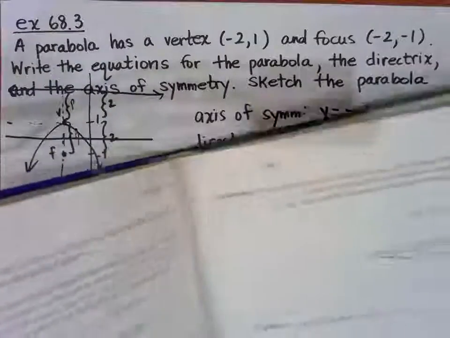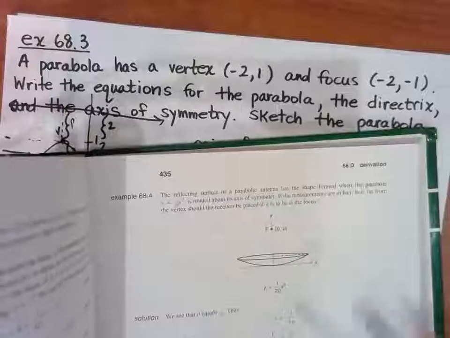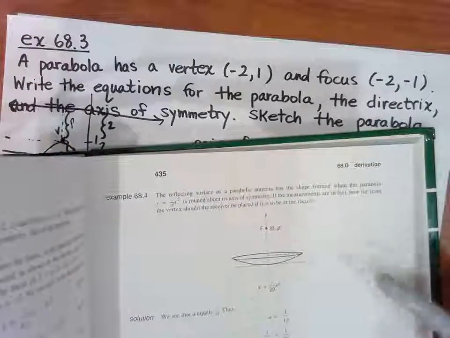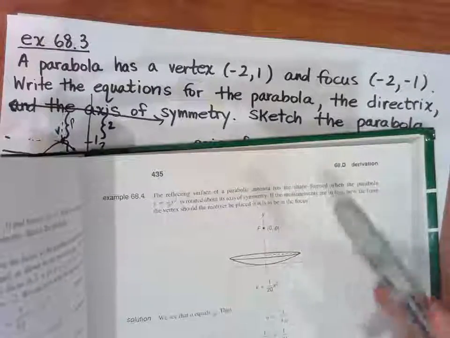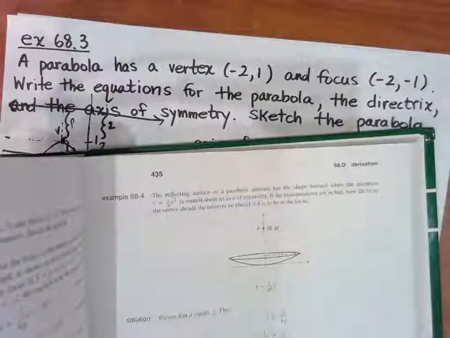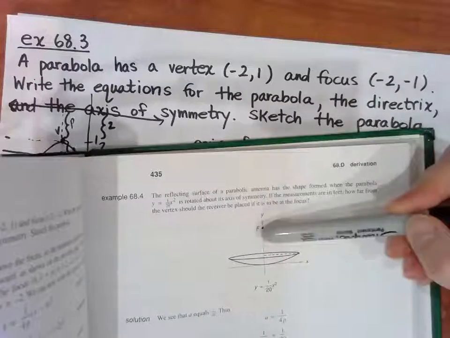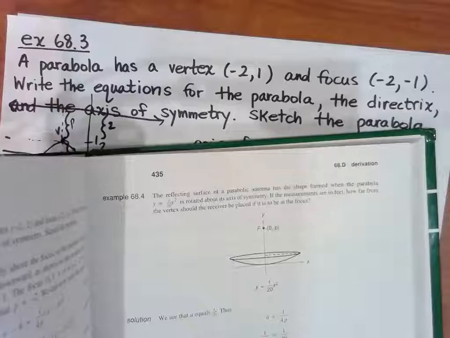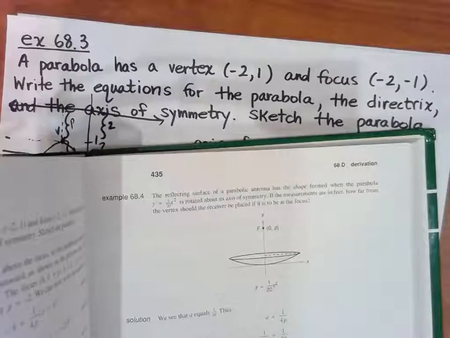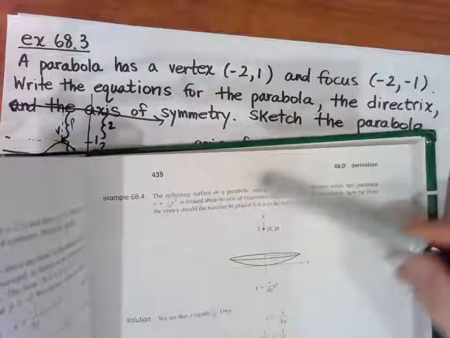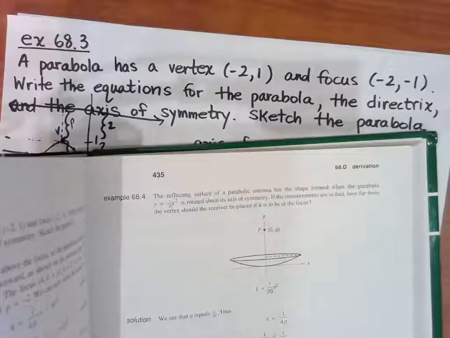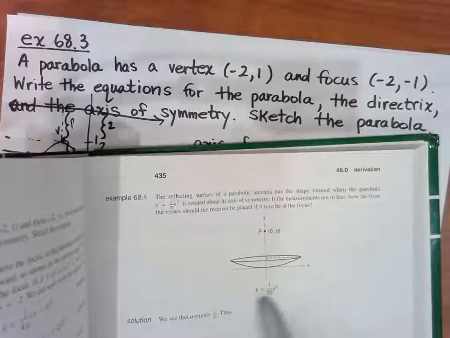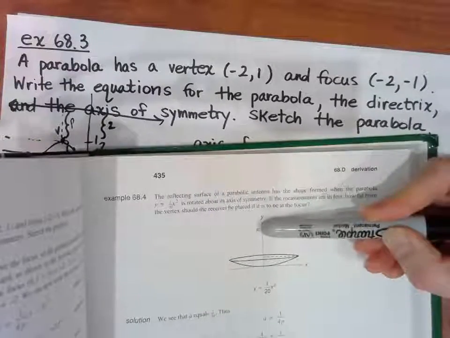So if you make a parabolic mirror, and they have a little example here, they're making this mirror and they need to know where all the sound waves, light waves, whatever, this is a reflector, so this is light waves, are all going to be focused. At what distance from the bottom of the mirror do you need to put that? So they work through it. The equation for this parabola is 1/20th x squared. Where would the focus be?